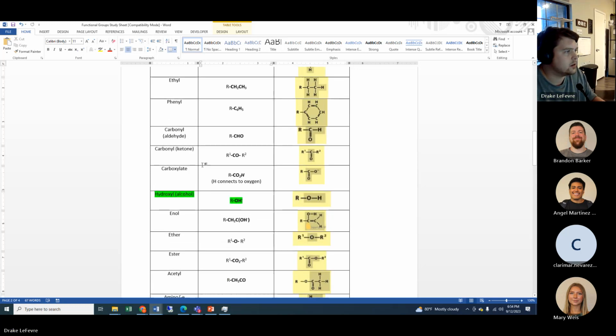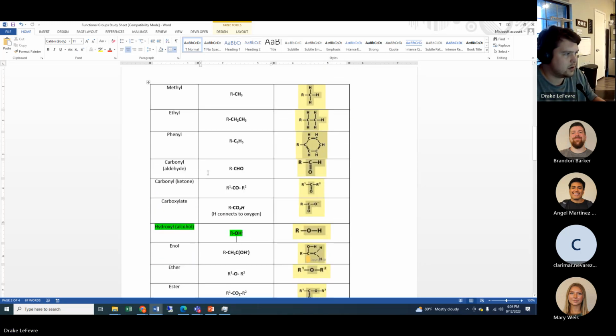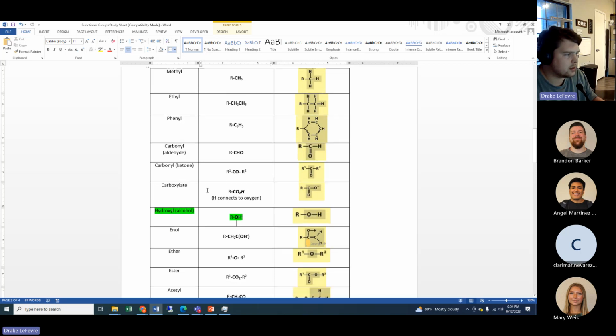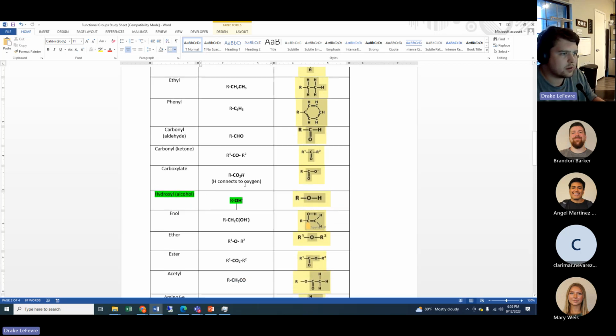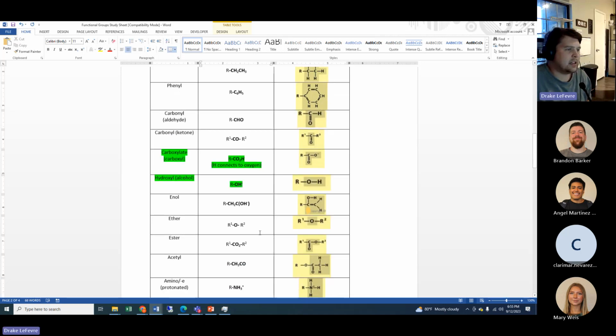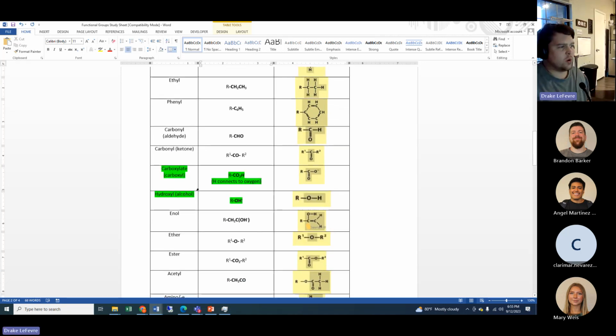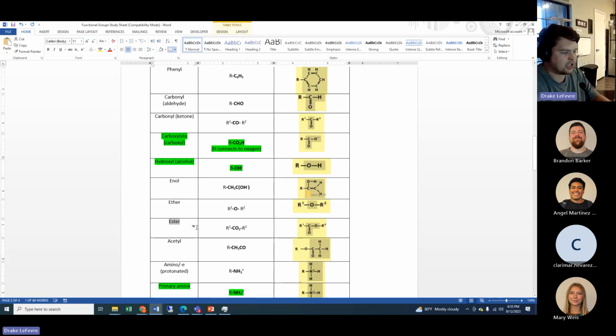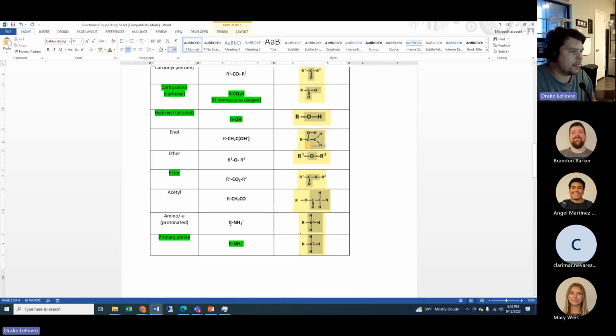And the carboxylate, or he'll just call it, the AKA is just a carboxyl. Those are the ones that you're really going to see over and over again. Occasionally ester bonds as well.